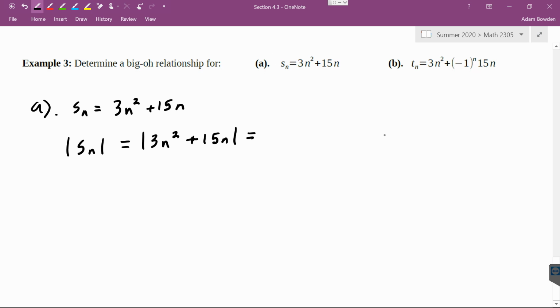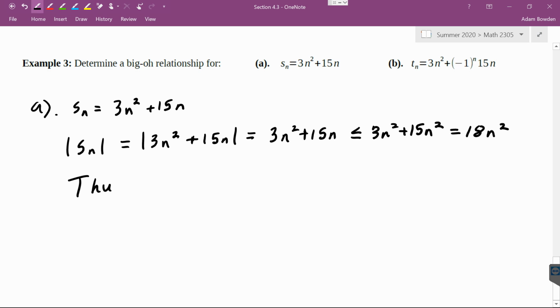But since everything is positive here, since n is a number greater than or equal to 0, we can just strictly say that that's the same as 3n squared plus 15n. But that's less than or equal to 3n squared plus 15n squared. Squaring the n in this case will give us a larger number on that side, and that's equal to 18n squared.